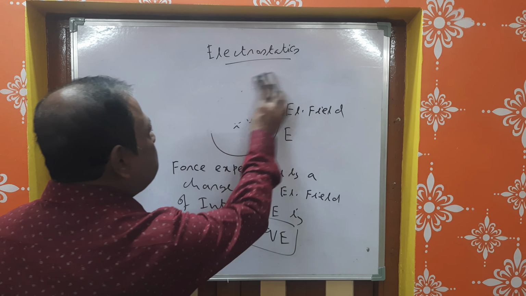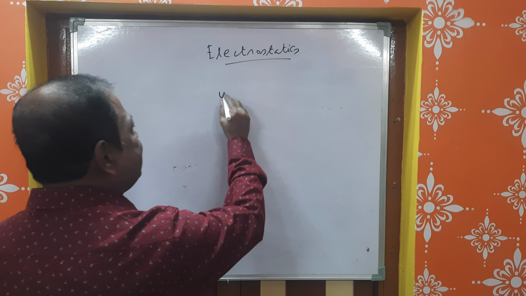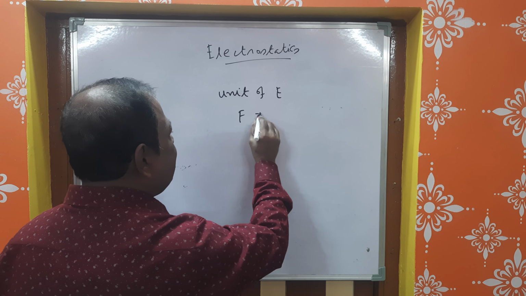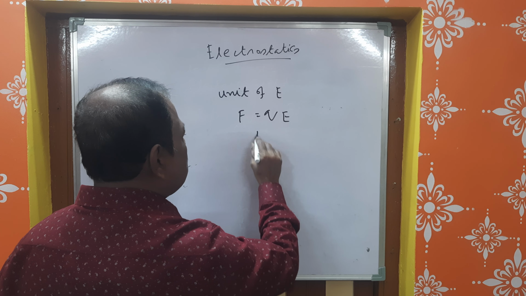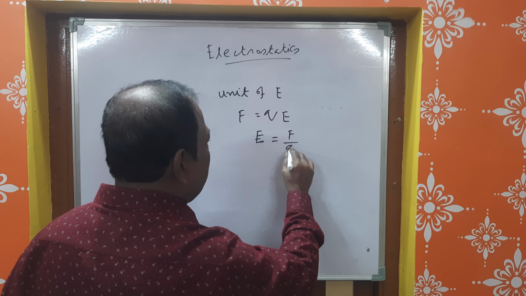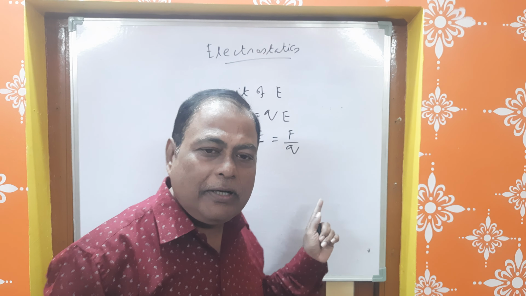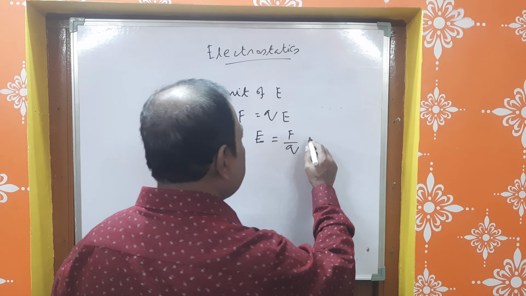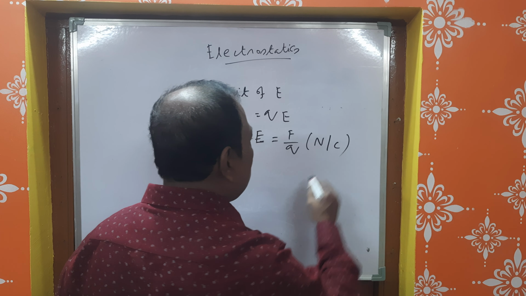Then what is the unit of intensity? You know the formula: F is equal to QE. So E is equal to what? Force by Q. So what is the unit? Force means Newton. Charge means Coulomb. So the unit is Newton per coulomb.